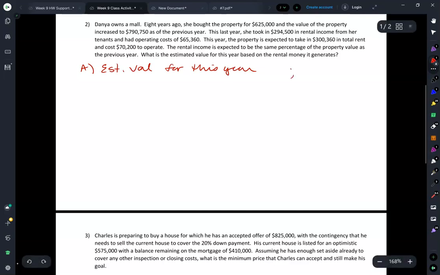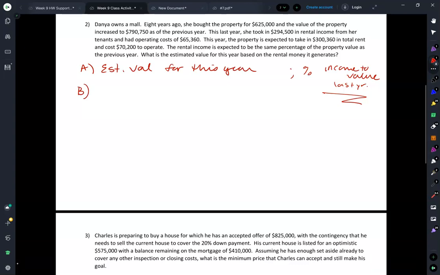So we also need to figure out the percentage, the ratio, basically, of the income to value from last year, so that we can use that. Okay, so I'm just going to put that off to the side. So that's a stepping stone there.